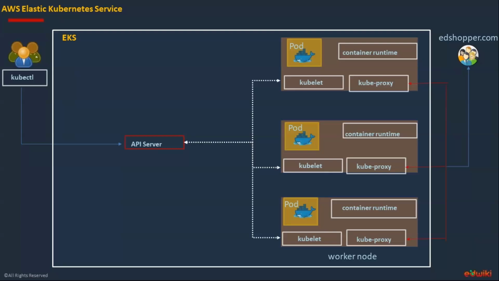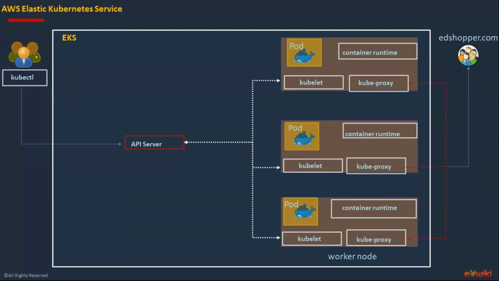You don't need to worry about how the API server is running, where it is running, in which EC2 server it is running, how the control plane is set up. If the control plane EC2 server gets terminated, how it is recovered as a high availability concept. You will never worry about any of these things related to the control plane. Let AWS handle it.